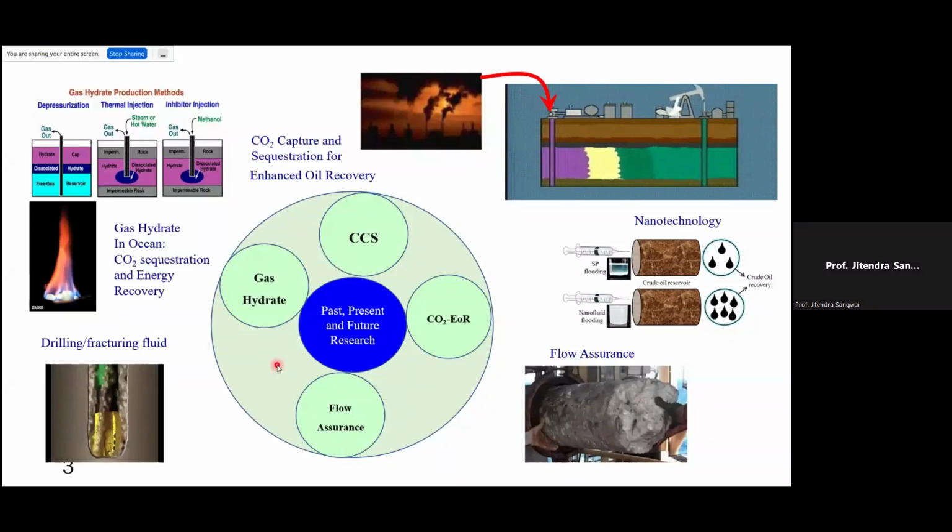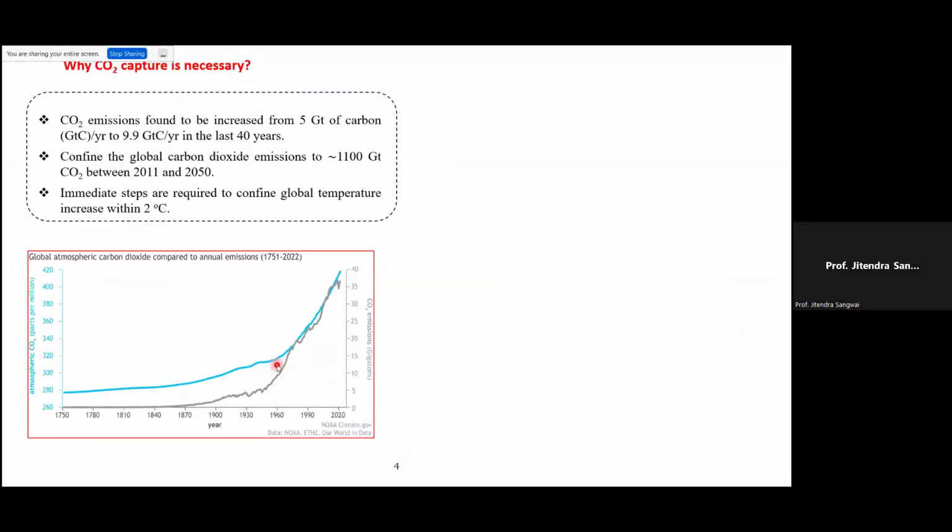Today's talk will focus primarily on carbon capture and sequestration. We know that carbon dioxide has been emitted for several decades, and in order to ensure that our atmospheric temperature remains within 1.5 or 2 degrees centigrade, we require immediate steps to be taken. I'm not going into too much data here, as I'm sure this has already been discussed in some of the other discussions.